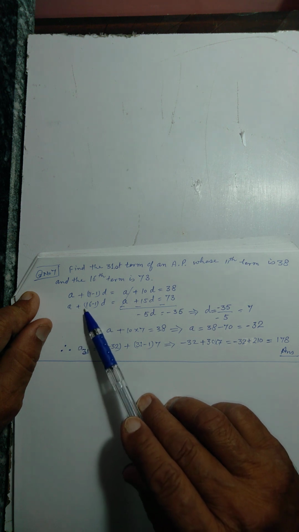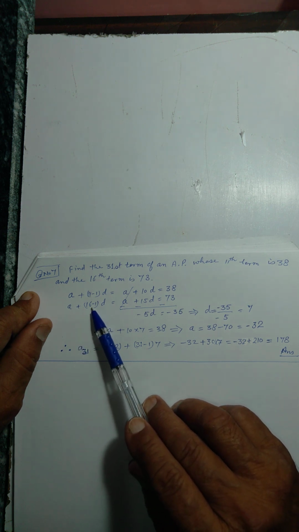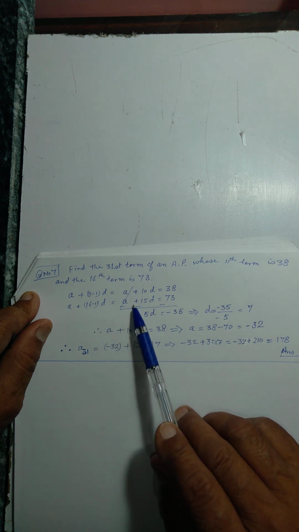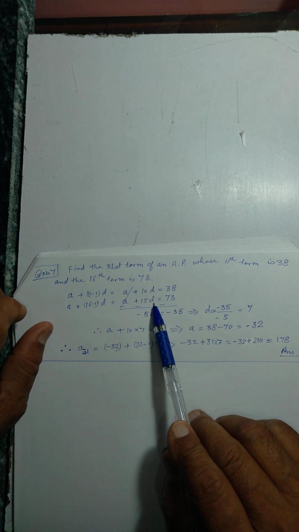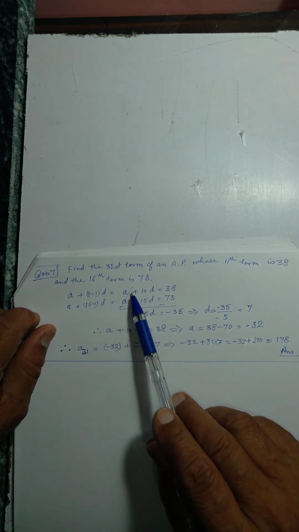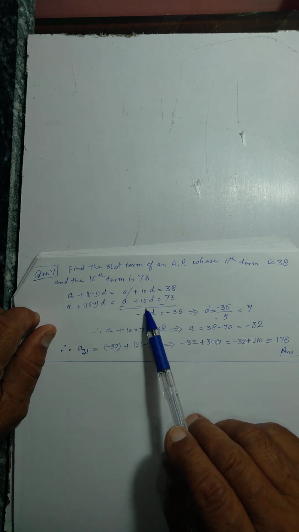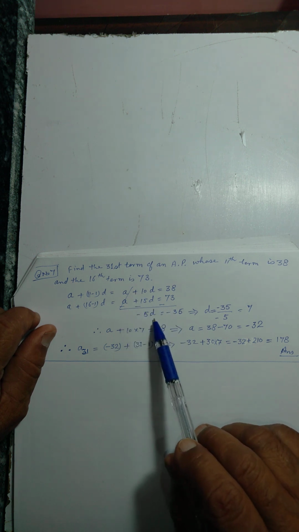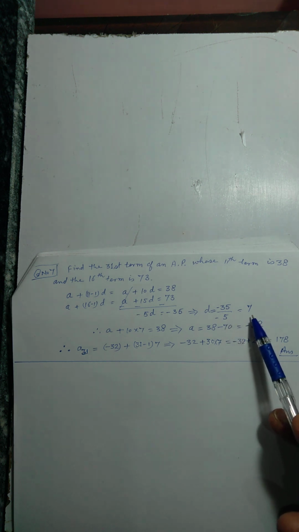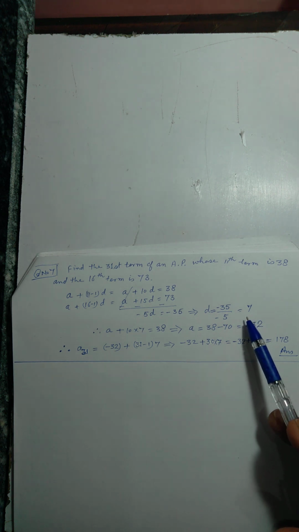Similarly for the 16th term, that is 16 minus 1 into D, A plus 15D is equal to 73. So just subtract it. I have just changed the sign and subtracted it. I got minus 5D is equal to minus 35. So D will be equal to, minus will be cancelled and 5 7s are 35, so D will be equal to 7.